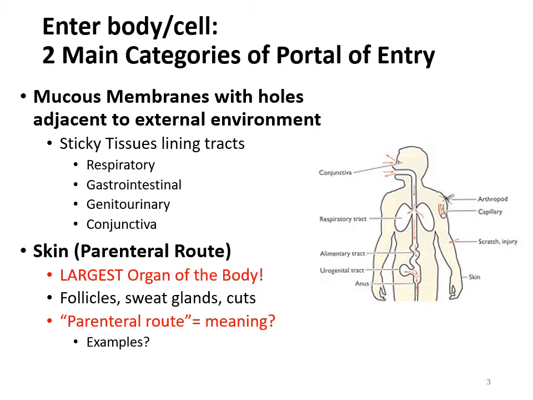But even so, a lot of microbes end up penetrating the skin barrier and entering through the parenteral route. Parenteral route simply means that a microbe enters your body through a break in the skin. Examples would be any kind of cut, puncture, injections, having surgery, or even things like insect or dog bites, all of which we'll go through in various lectures throughout this course.